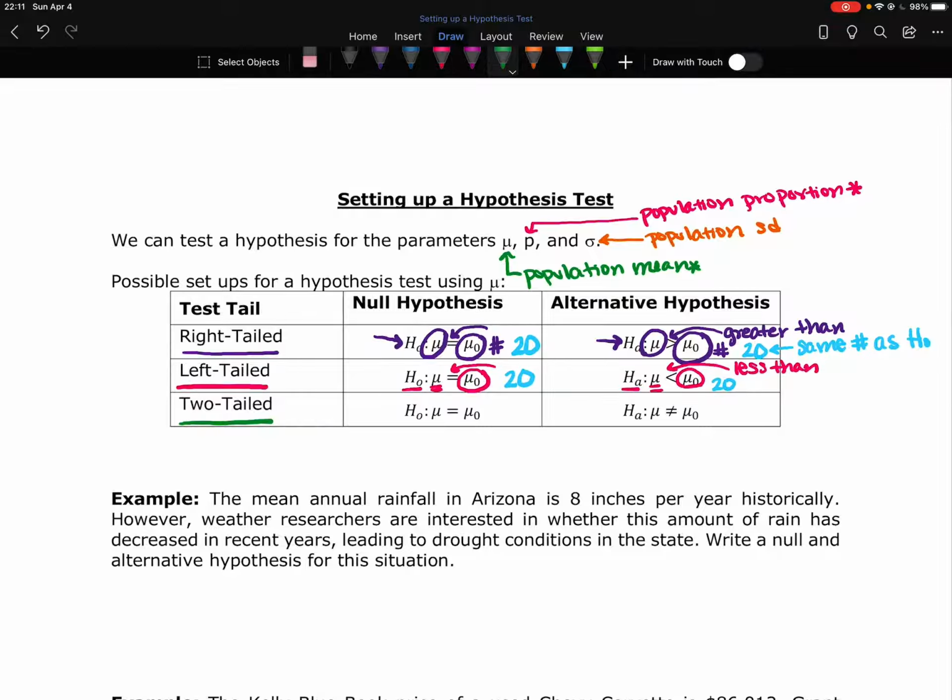But then my alternative, HA, I'm saying that the mean is not equal to, or just different from, that value of 20.